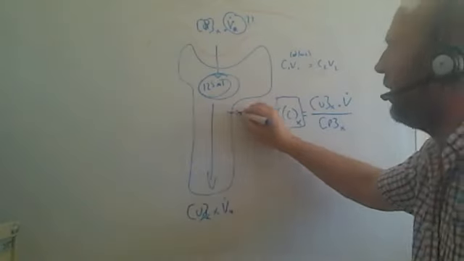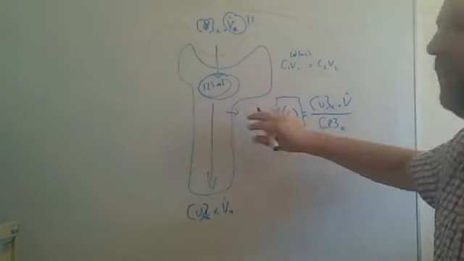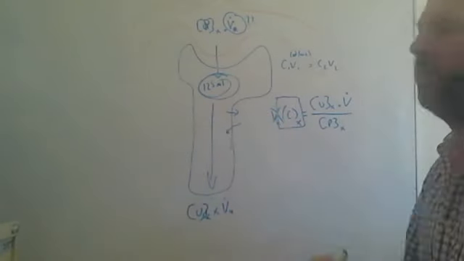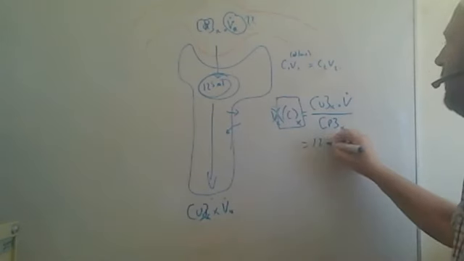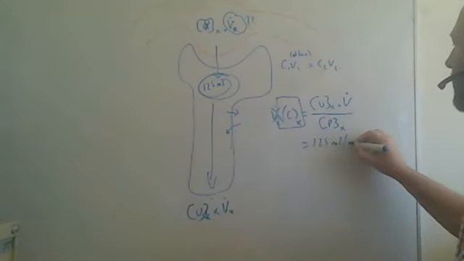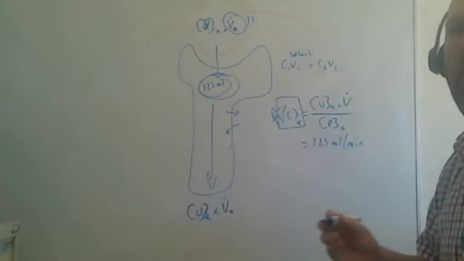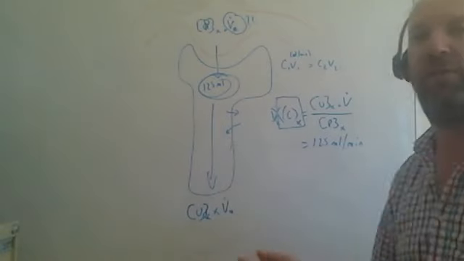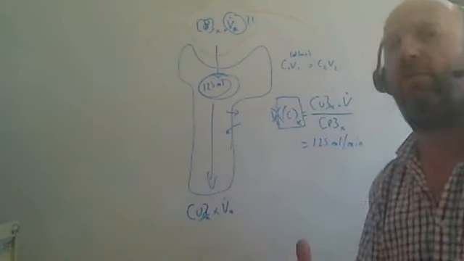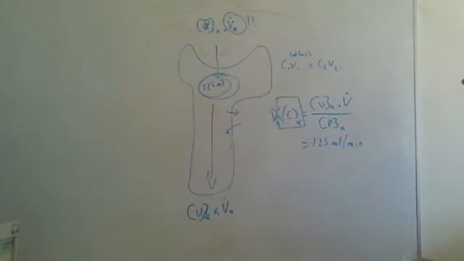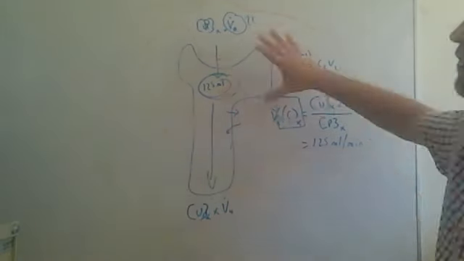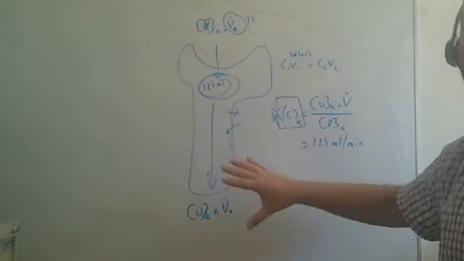Because it's not reabsorbed, so it won't get sucked back up into the blood, and none is secreted, so none will enter. So for that substance, your value of clearance would equal 125 mils per minute. Now, of course, this just sounds like I've made that up because I haven't gone through the calculations, and I'll do that in another part with regards to renal clearance. But it's just to give you an idea of what's going on.